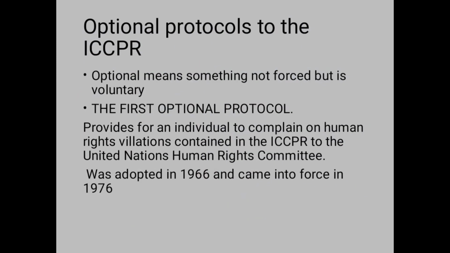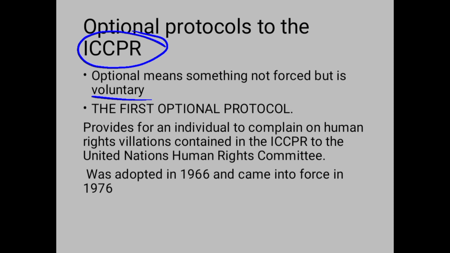Now, the ICCPR has got optional protocols. Optional means something not forced, but it is voluntary. You only take part if you want to do so. It's not forced. So the optional protocols to the ICCPR are 2 of them.